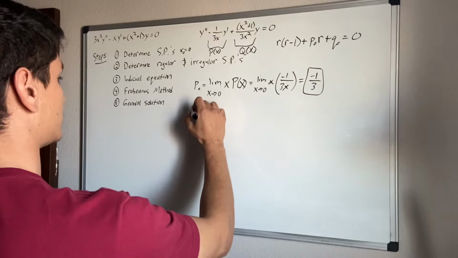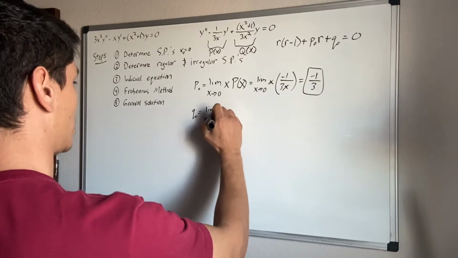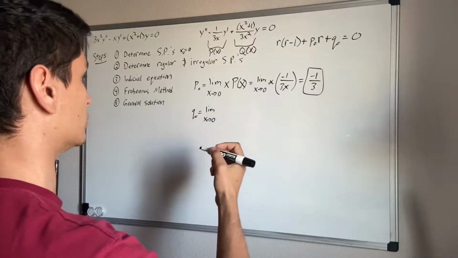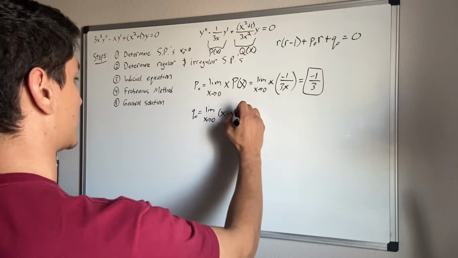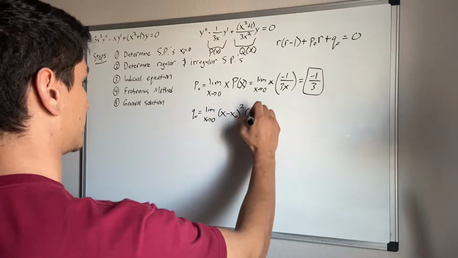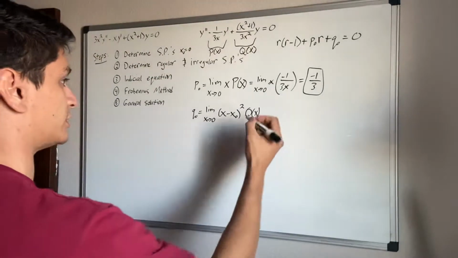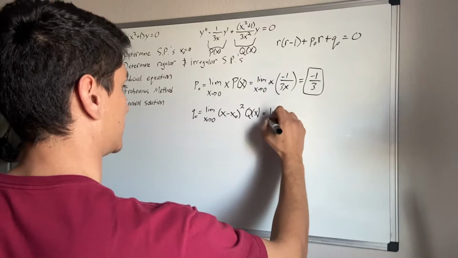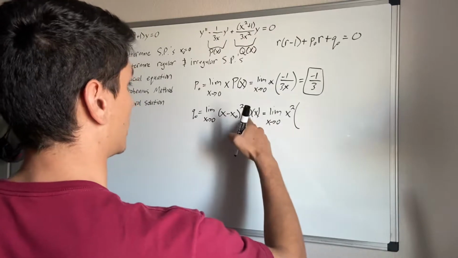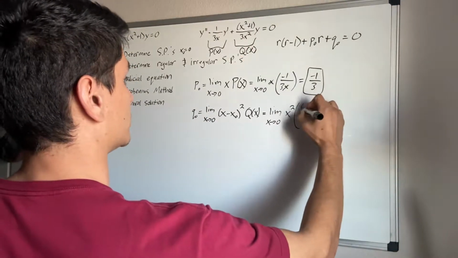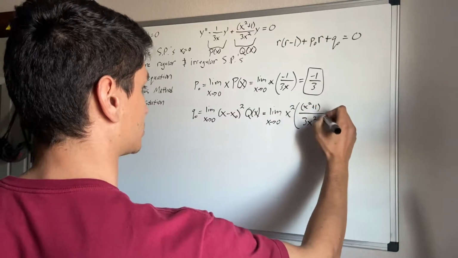Now Q sub 0 is going to be the limit as x also approaches the singular point, x equals 0, of x minus x naught squared times capital Q of x. X naught again is 0, so it's simply the limit as x approaches 0 of x squared times capital Q of x, which is x squared plus 1 divided by 3x squared.